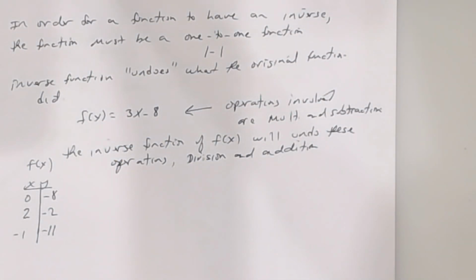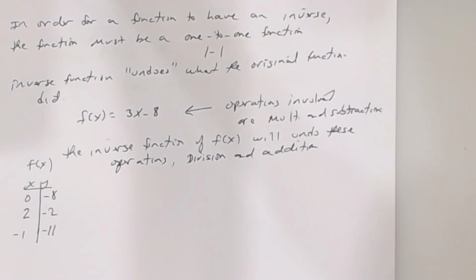So we now know that this function, f of x equals 3x minus 8, is that a 1-to-1 function or not? Yes. Because what kind of function does it begin with? Linear. All linear functions are 1-to-1 except which one? Horizontal line.